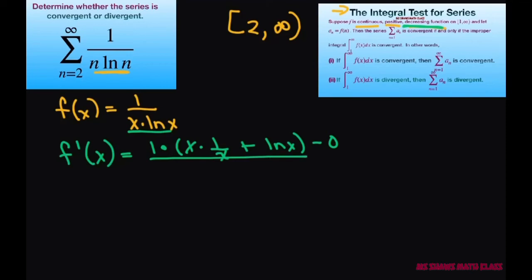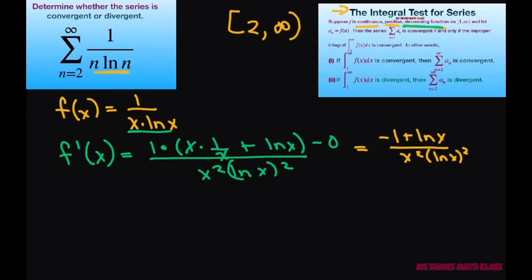The denominator is x squared ln of x squared. This simplifies to negative 1 plus ln of x divided by x squared ln of x squared.